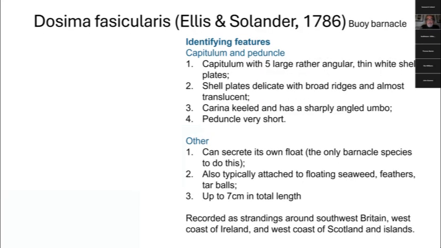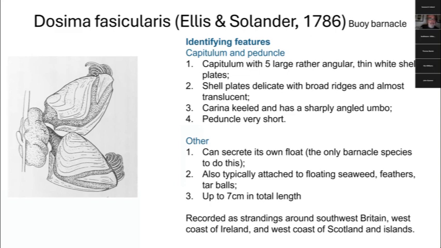Here's another species of stalked barnacle or goose barnacle. This is called the buoy barnacle or Dosima fascicularis. Again, it's got this characteristic goose barnacle shape, the capitulum here with plates over a sort of membranous covering to the animal.